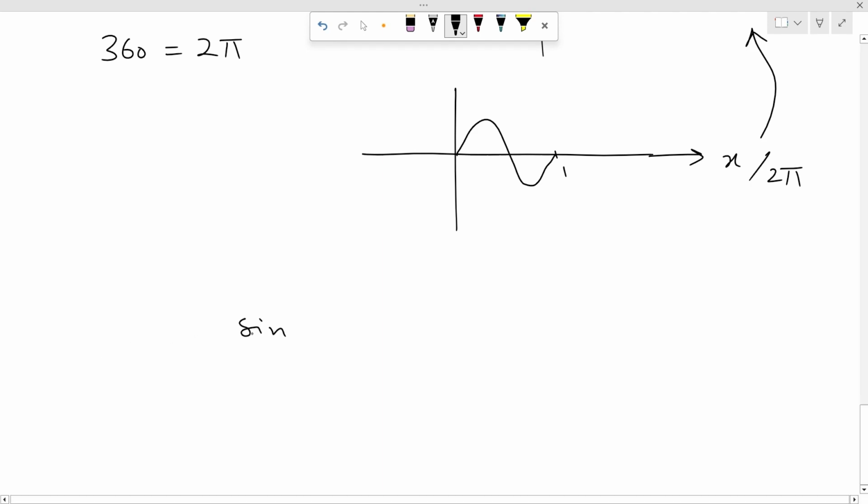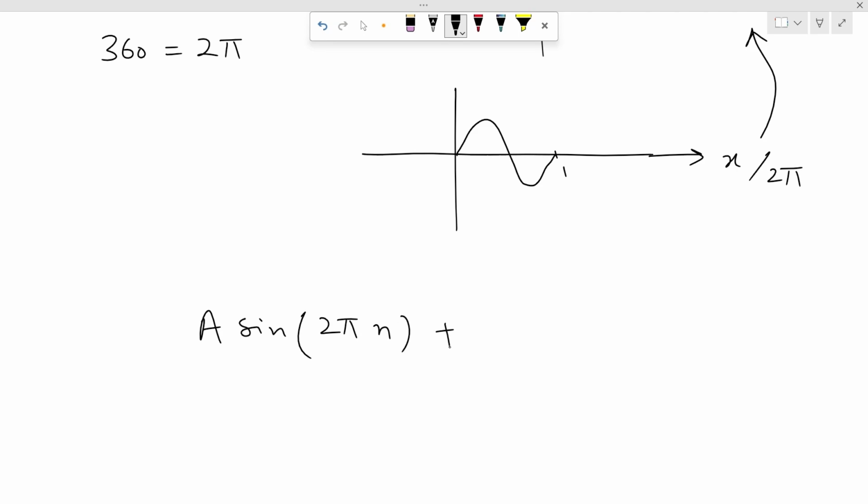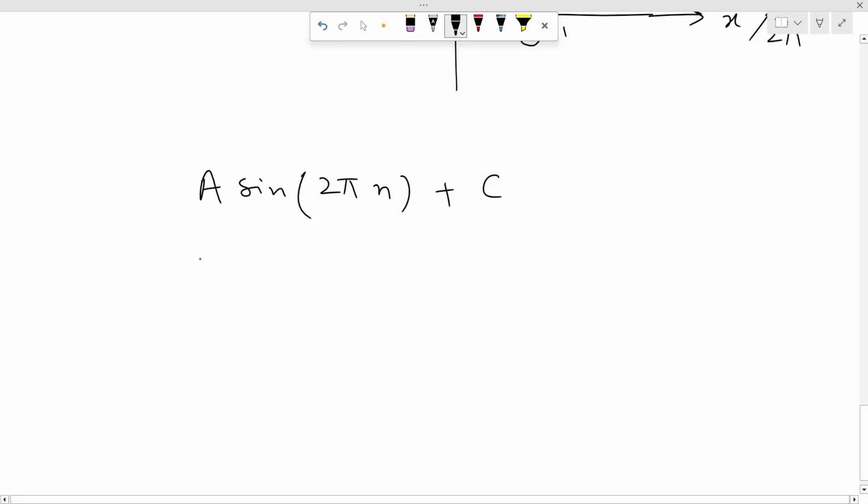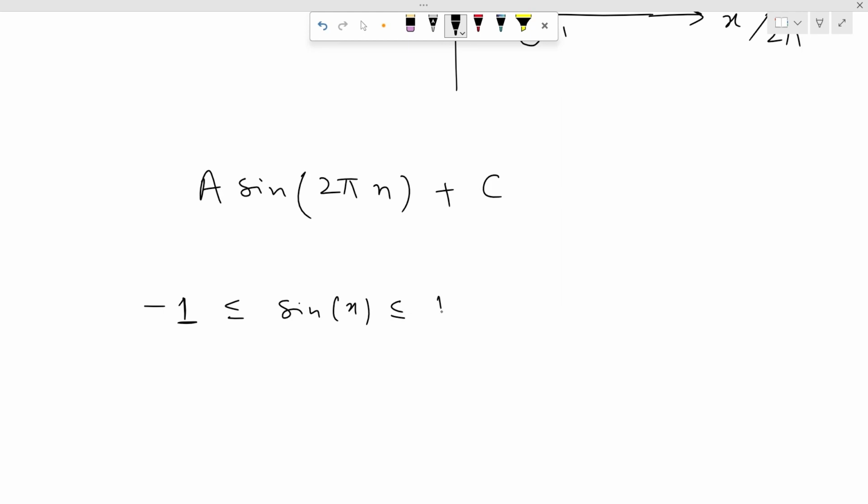So let's say we will deal with sine. This is a variable a. Then we have 2 pi n. Well, one thing you must have noticed throughout the lecture is that the sine and the cosine give values between 1 and -1, while the tan goes from negative infinity to positive infinity.